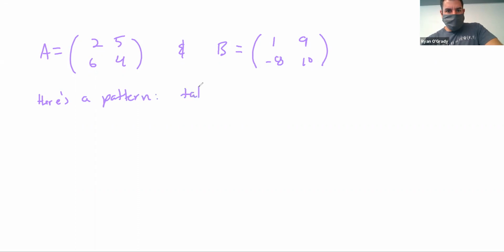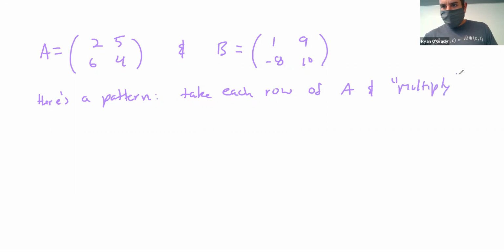You take each row of A and, quote unquote, multiply it by each column of B. So let me write this out in this way.